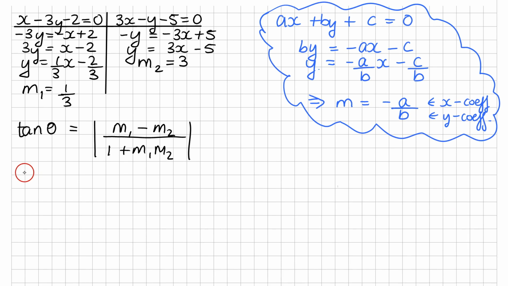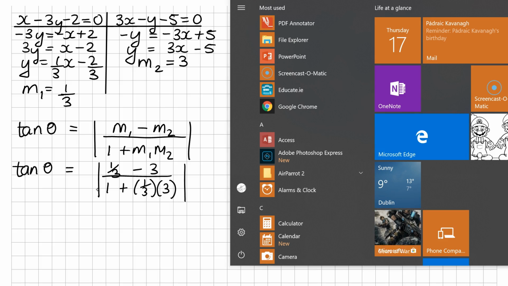Okay, so let's fill them into our formula then. So the tan of our angle is equal to 1/3 minus 3 over 1 plus 1/3 times 3. So we'll just get all that onto our calculator together.